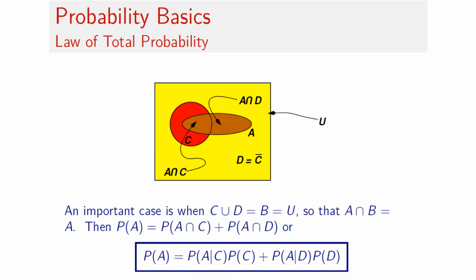And so we are asking if the dart has landed on A. So capital A intersection capital B equals capital A. So the probability of A is equal to the probability of the intersection of A with C plus the probability of the intersection of capital A with D. Or we can say that the probability of capital A is the probability of capital A given C times the probability of C plus the probability of A given D times the probability of D. And now the next step is to generalize this and then see what it means.